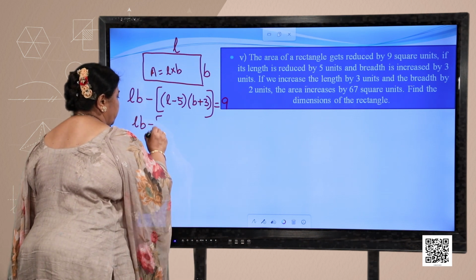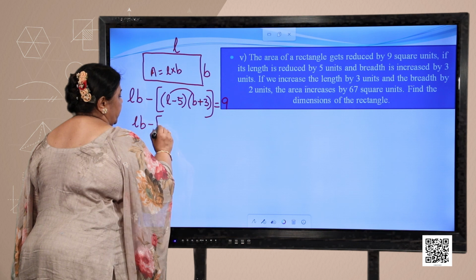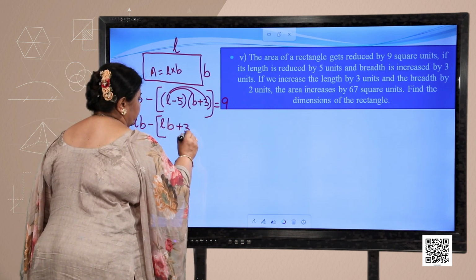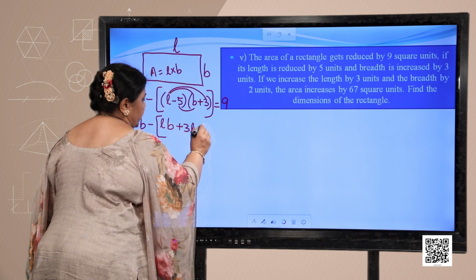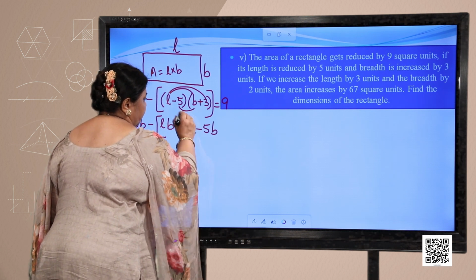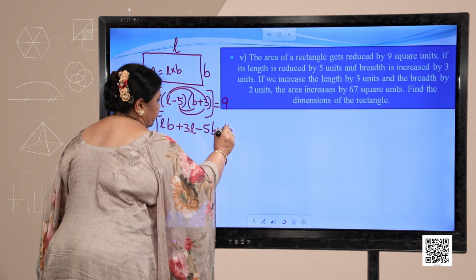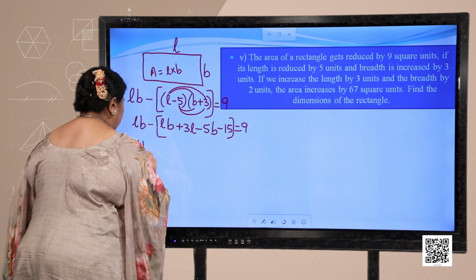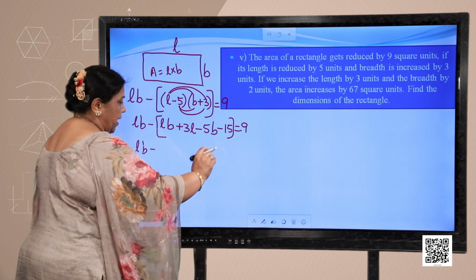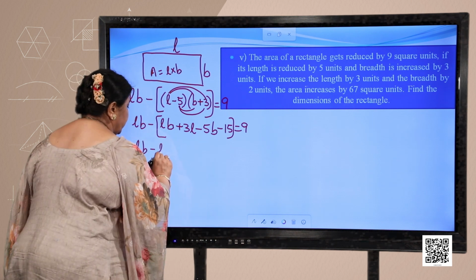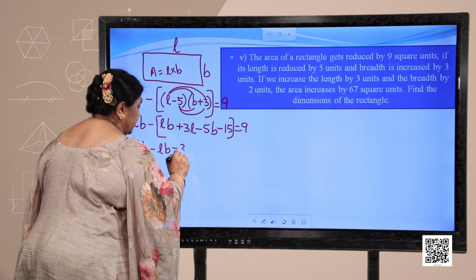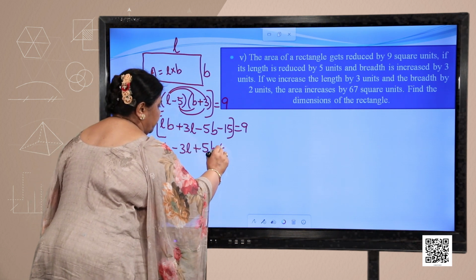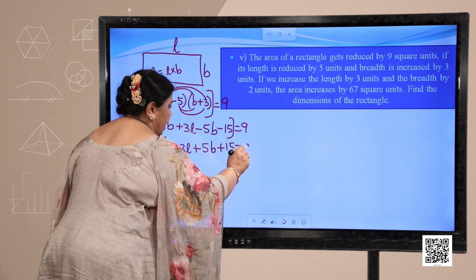L into B minus L into B is LB, L into 3 is 3L and minus 5B and 5 3s are 15 is equal to 9. So, LB minus, if I open the brackets, all the signs will change. LB minus 3L plus 5B plus 15 is equal to 9.